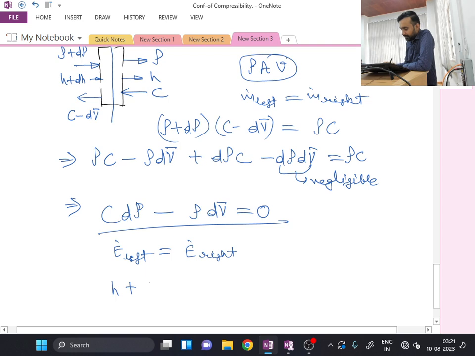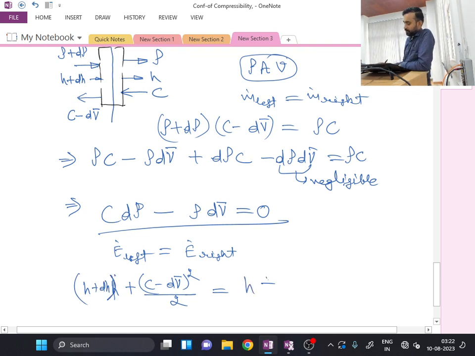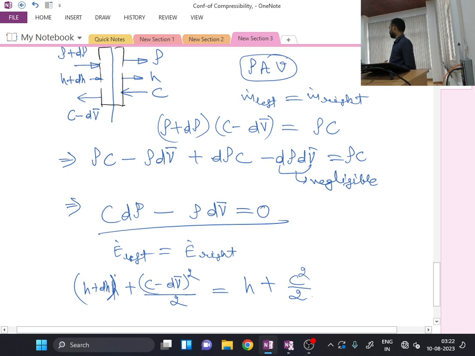Kinetic energy will be c minus dV bar whole square by 2, and this will be on the left side, h plus dh. And here it will be h plus c square by 2. Consider that there is no change in the potential. Is this point clear?